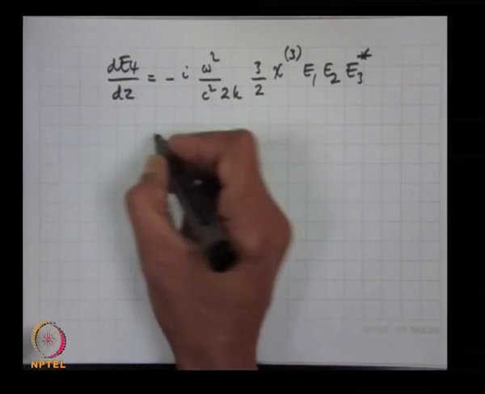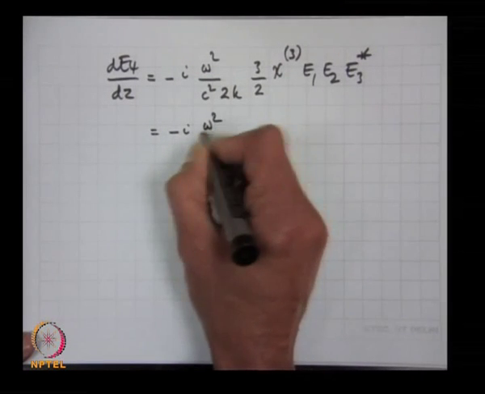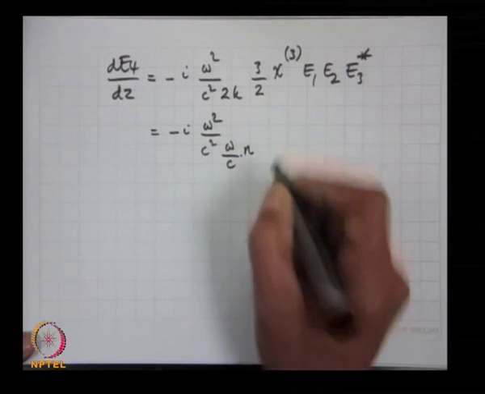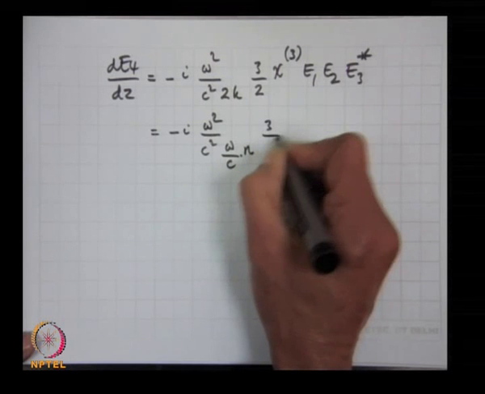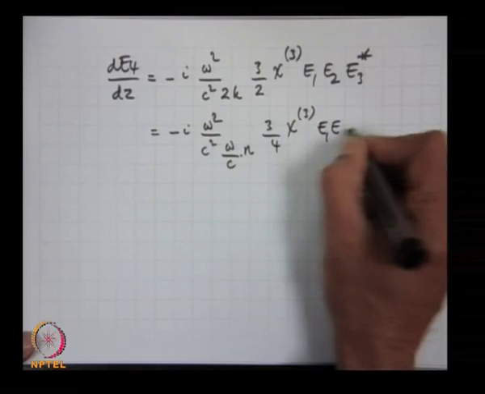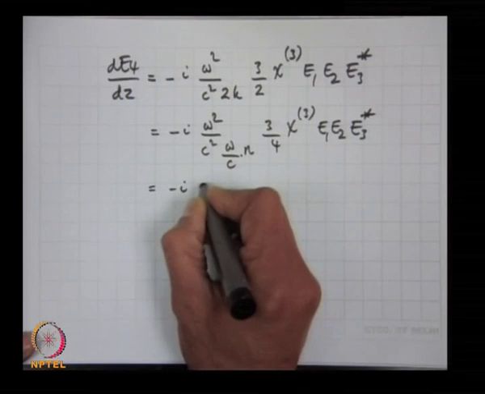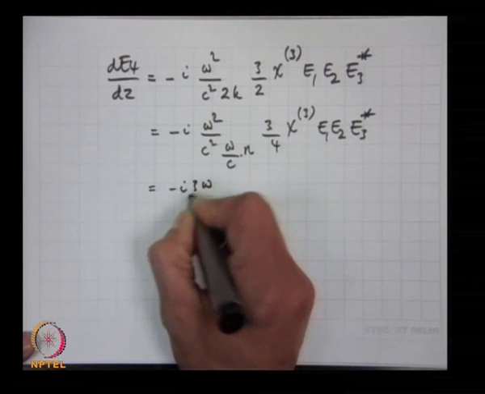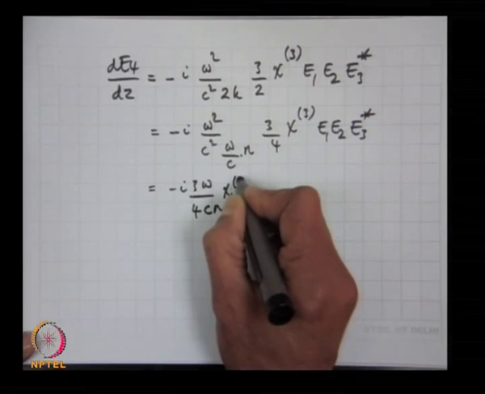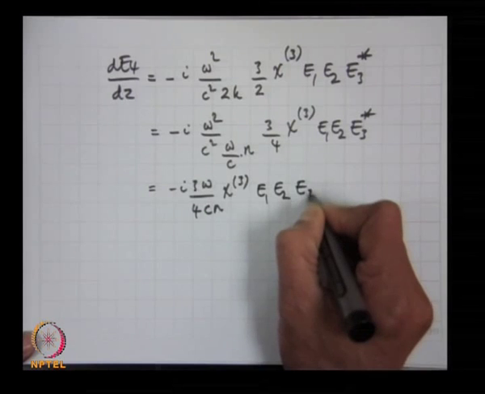So this is equal to minus i omega square by c square. k is omega by c into refractive index, into 3 by 4 chi 3 E1, E2, E3 star, which is minus i 3 omega by 4 cn chi 3 E1, E2, E3 star.